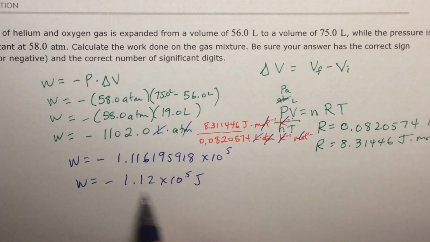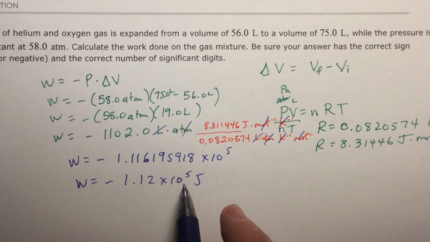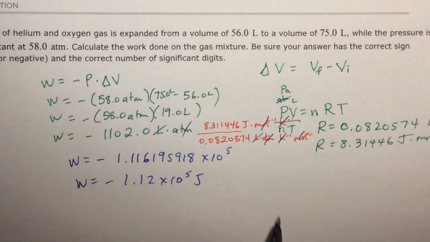Normally, if you have something in the 100,000s of joules, it's easier to express it in kilojoules, so that you don't have huge numbers. That's the whole point of having a unit: you want the numbers to be workable. So this is probably best in kilojoules.